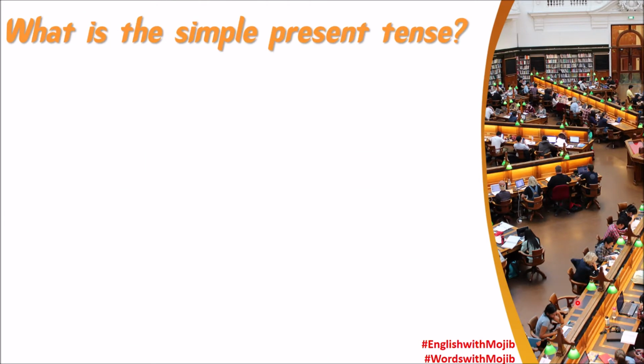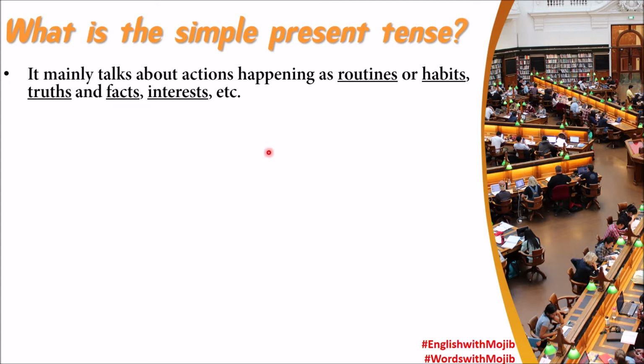What is a simple present tense? Okay, simple present tense mainly talks about actions happening as routines or habits. Routines means every day, every week, twice a day. Or habits, something you do without thinking or pre-thinking. Truths and facts. For example, I am a student.